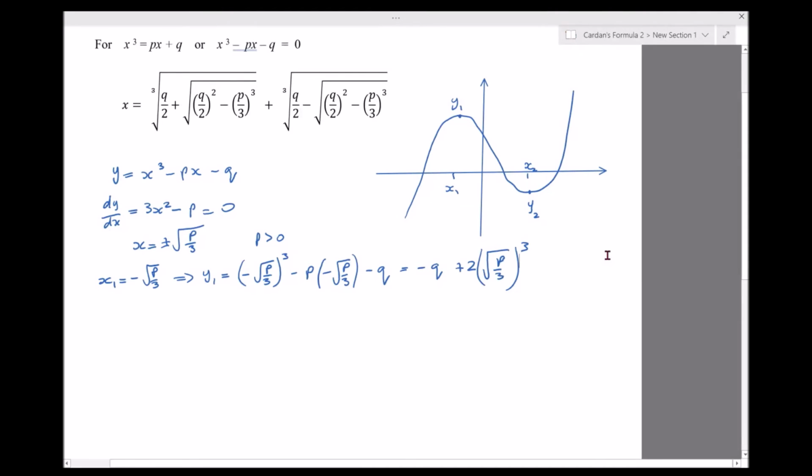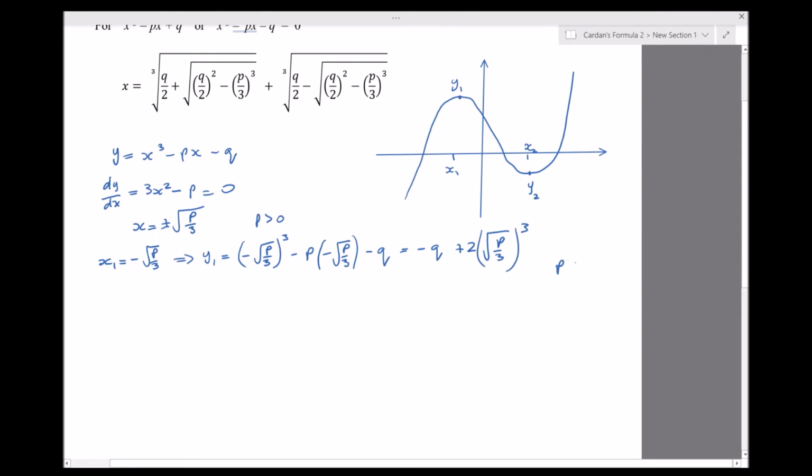You might have to think about that for yourself for a little while. It basically hinges on the fact that p root p over 3 is equal to 3p over 3 times root p over 3, which is 3 times root p over 3 squared times root p over 3, which is root p over 3 cubed times 3. Don't worry if you didn't really pick that up.